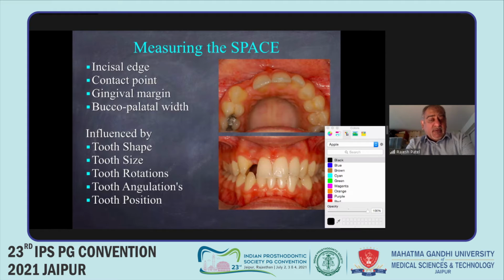So from a prosthetic point of view, the path of insertion is guided by the contact points. The gingival margin looks good, and anteriorly the space looks good. But the tooth size, shape, rotations, angulations can make it a nightmare depending on what you're trying to achieve.